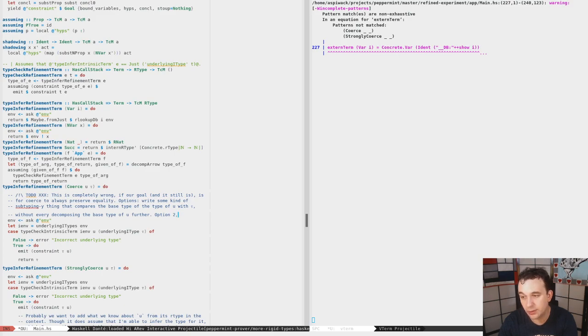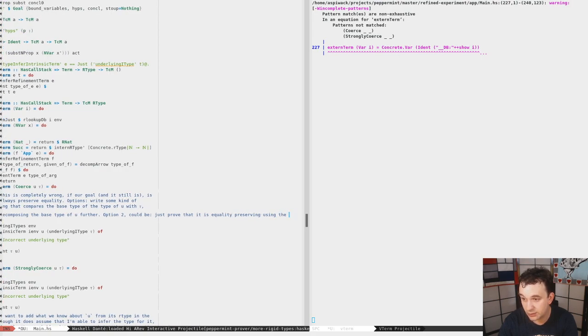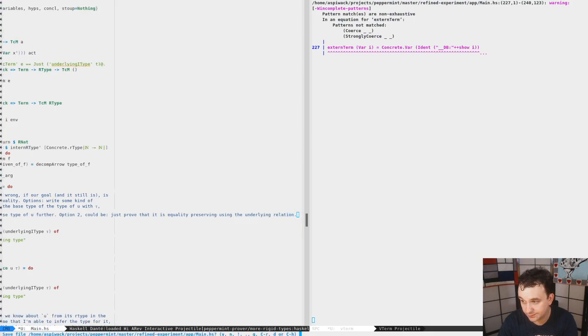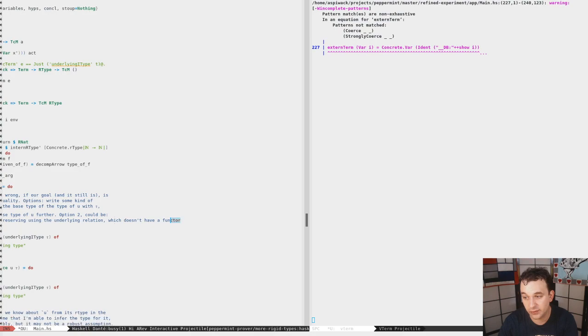Option 2 could be just prove that it is equality preserving using the underlying relation, which doesn't have a function for it.